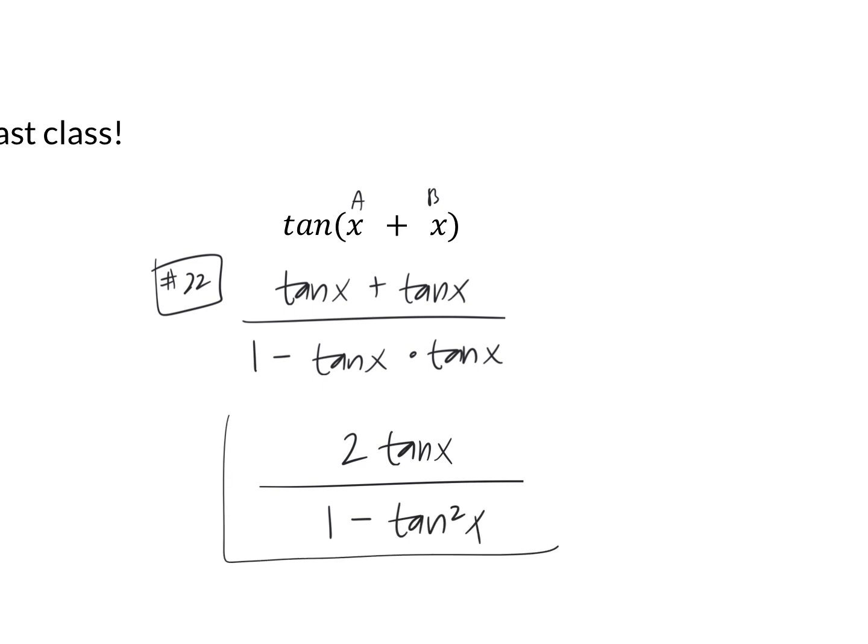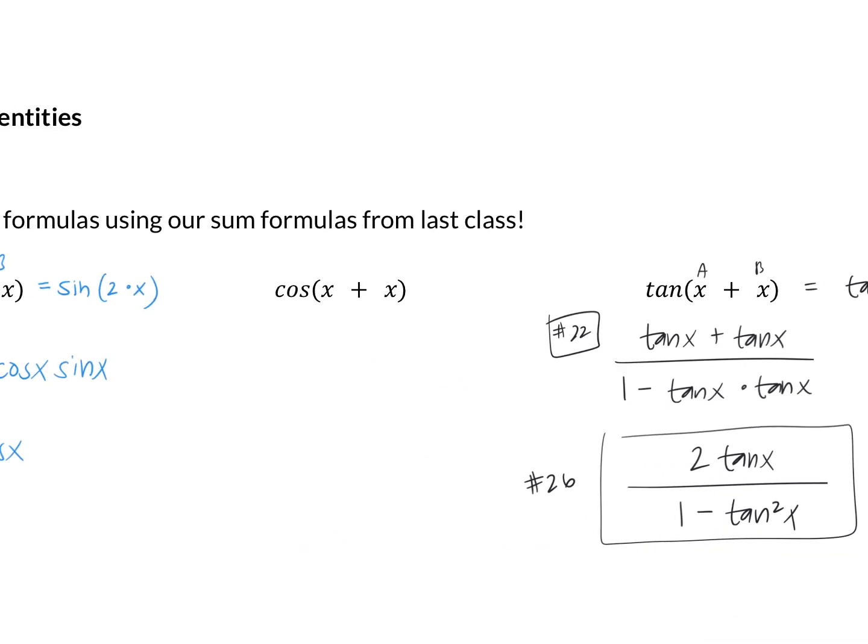And if you just look at the back, number 26, this is your double angle identity for tangent of x plus x, because that's the same thing as tangent of 2 times x.